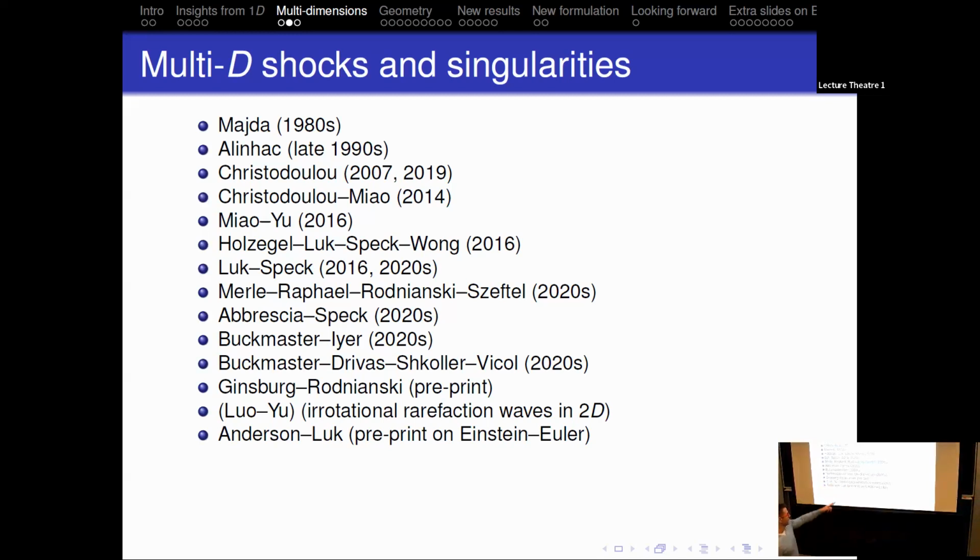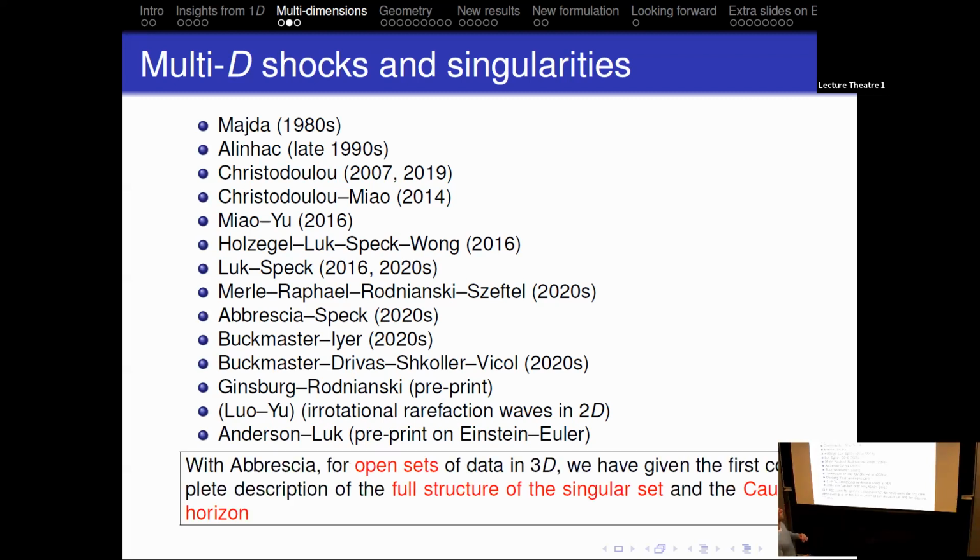And there's been some very interesting work by Luo and Yu on the construction of rarefaction waves in two space dimensions. So this is a sharpening of something that Alinhac did earlier. They have a sharpened regularity theory. And then we'll hear from Jonathan Luk at the end of the conference. We'll hear about shocks for Einstein-Euler. That's a very interesting direction.